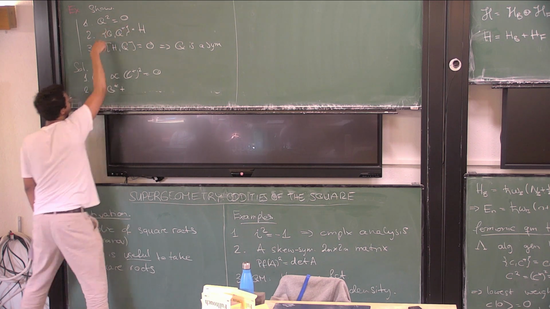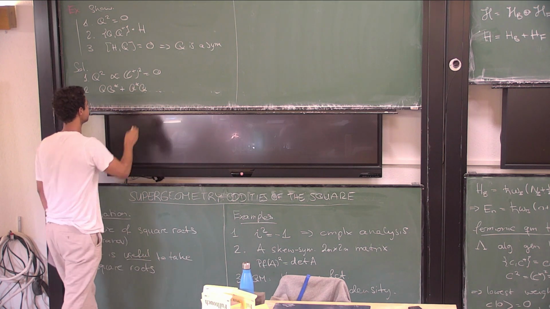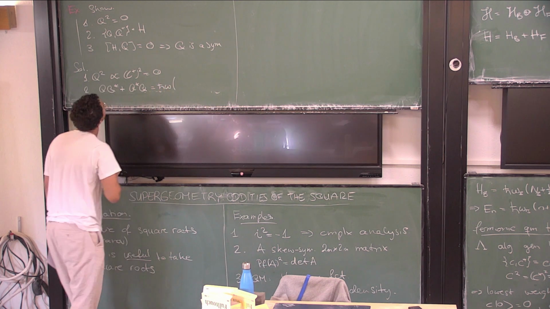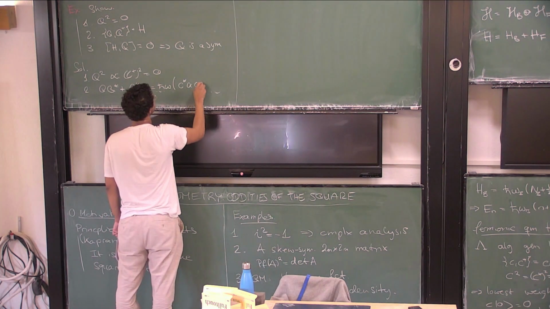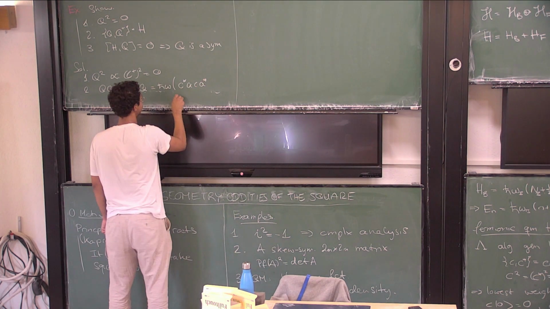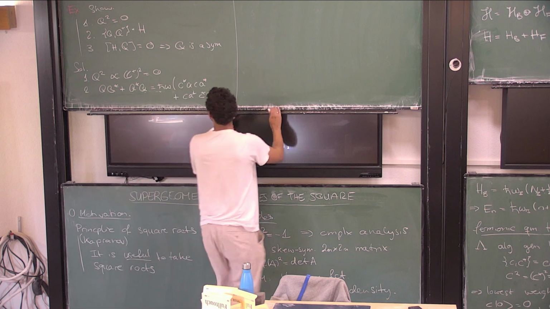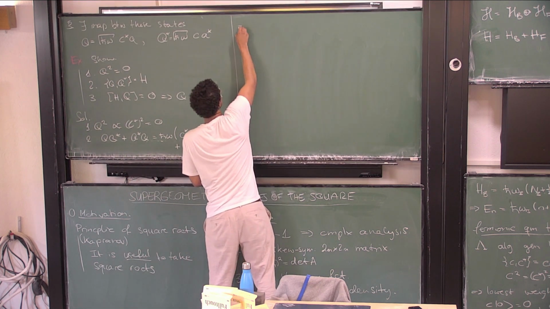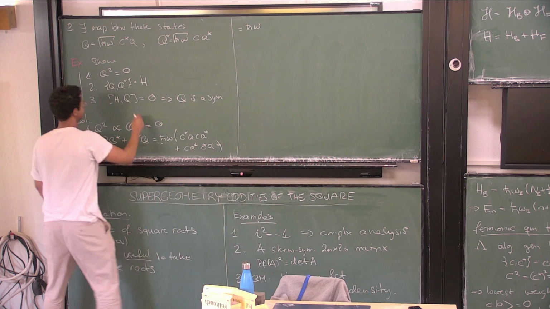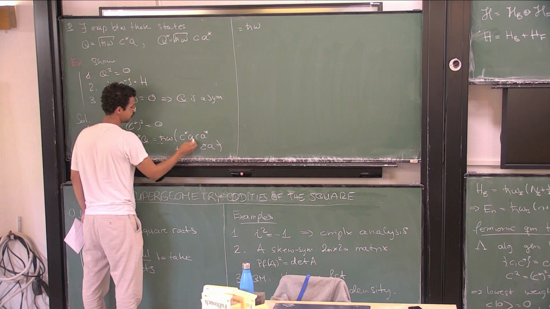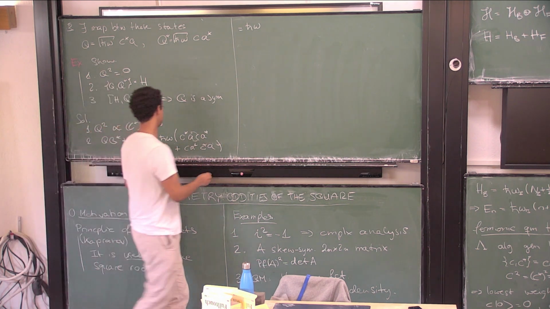By definition of this bracket, this is Q Q star plus Q star Q. So this is h bar omega times C star A C A star plus C A star C star A. What we want to show is that it's H. Let me swap these, and then C star C is already there, which is good.